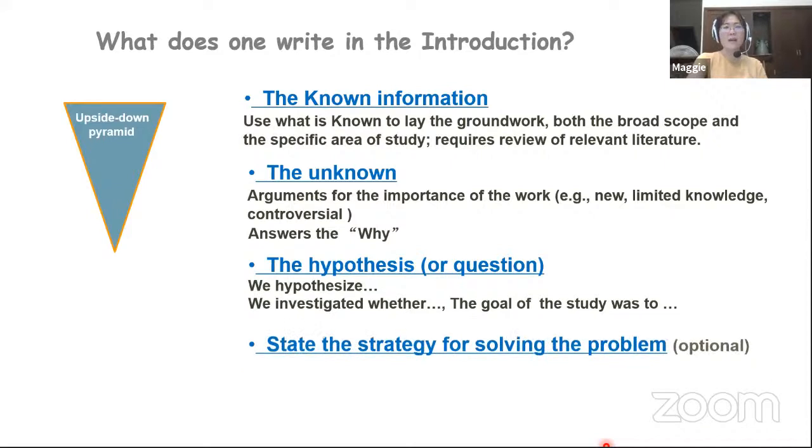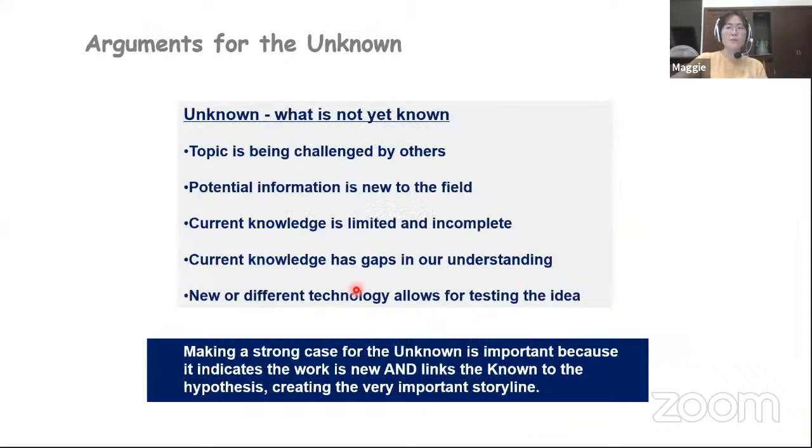And sometimes some of the authors would like to state the strategy for solving the problem and tell the main results in the introduction. But the last 2 parts are optional. For my style, I usually don't write the last two parts. I only tell the known, the unknown, and state a hypothesis of the study, and then move to the next part.